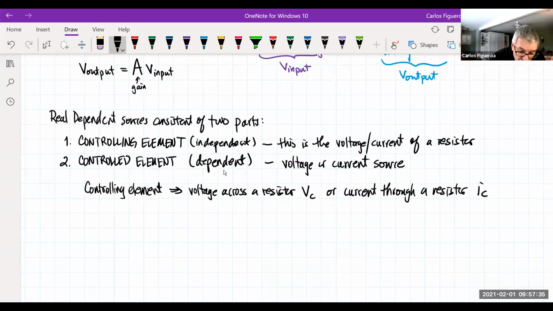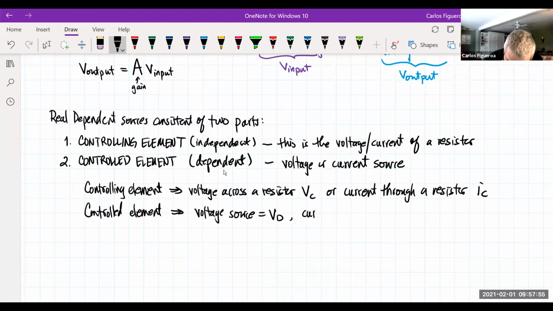And then the controlled element will then say here that if I have a voltage source, I'll call this VD, whereas if I have a current source, I'll call this ID.